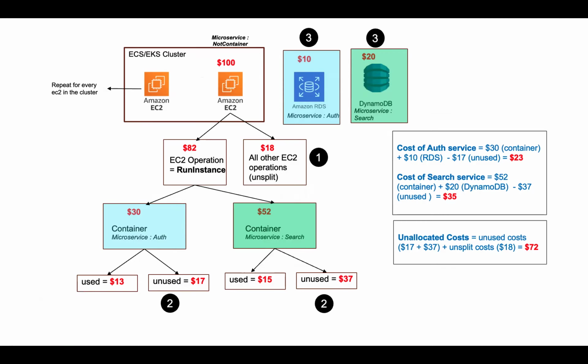So objective number one is to figure out what is the cost of each of these containers. Container, basically application, the cost of the microservice is what I'm trying to figure out. And then we also want to figure out what are all the costs that are left unallocated after the microservice, and that we need to somehow allocate using some other tools like cost categories, right?